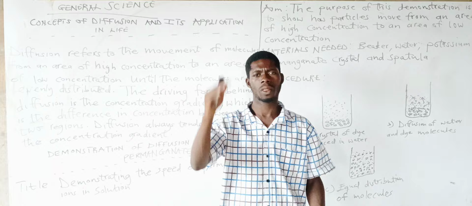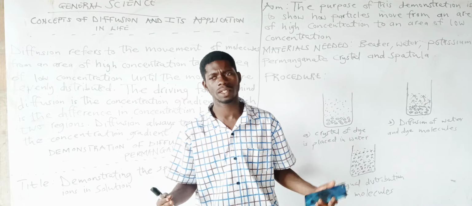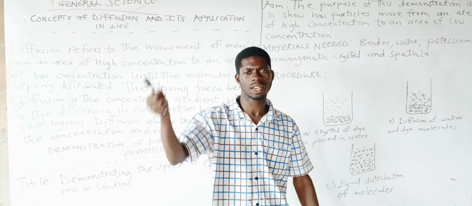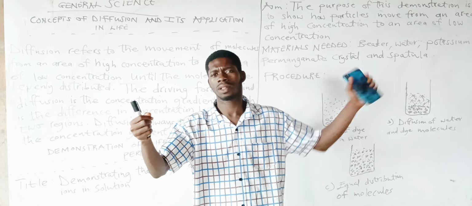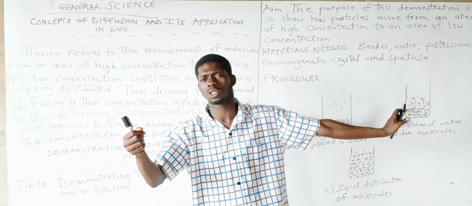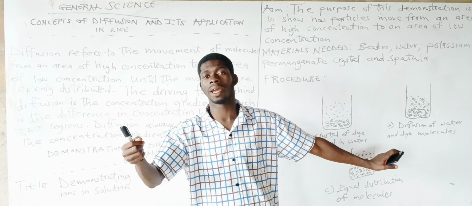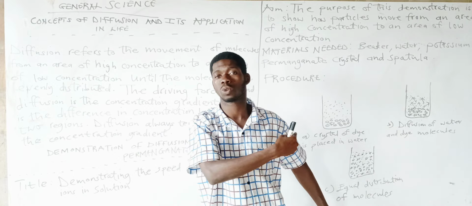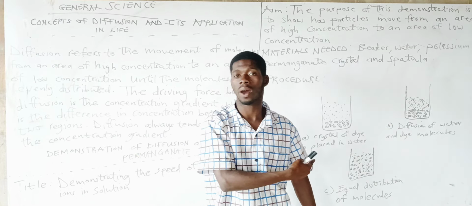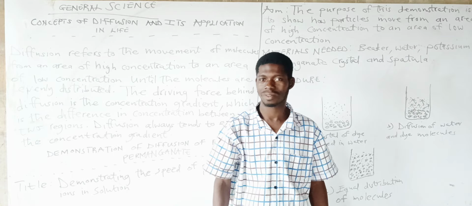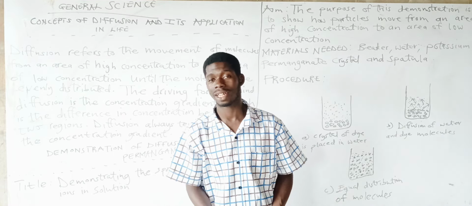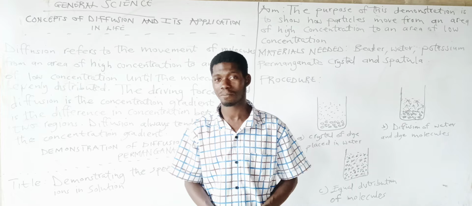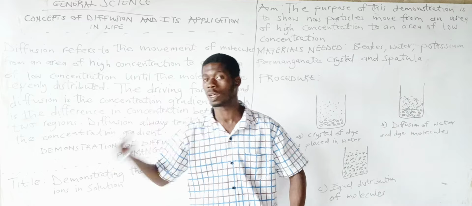As I said, if you have a spray, you stand at one corner of the room and you spray there. Where you are standing is highly concentrated, then the other end is lower concentrated. But for a few minutes, that place which was highly concentrated will extend to the other end. If you are in a classroom and someone in column 1 passes bad air, column 1 will be highly concentrated.